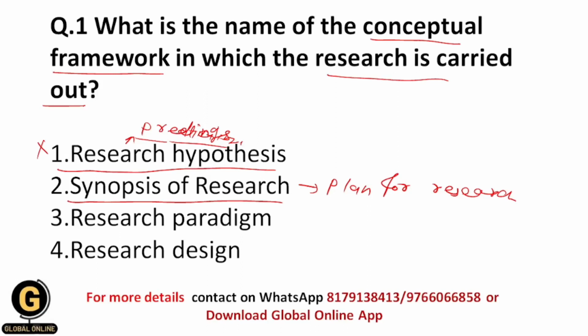All these things come under this, and that's why this is also eliminated. Research paradigm means research approach, so what is the approach of your research? This is also eliminated.